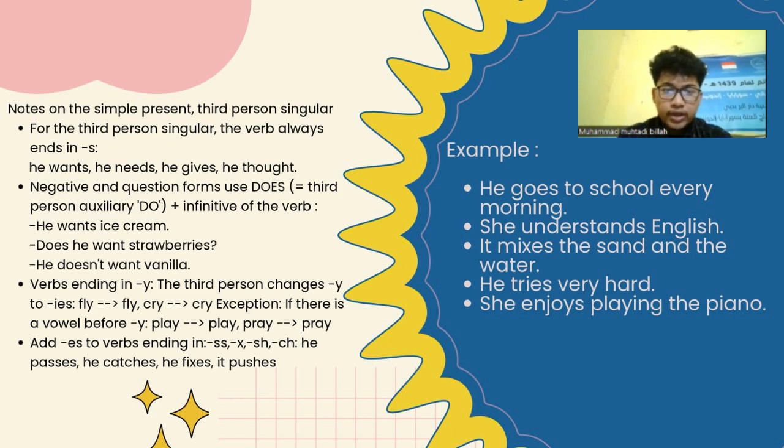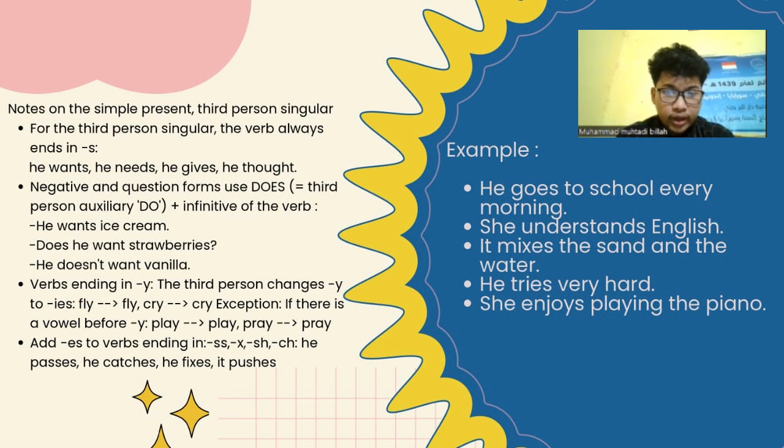Third, verbs ending in y. The third person changes y into ies. For example, fly becomes flies, cry becomes cries. Exception: if there is a vowel before y, like play or pray, it becomes the same.